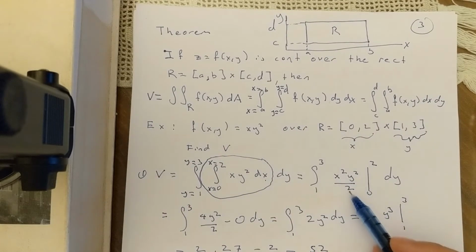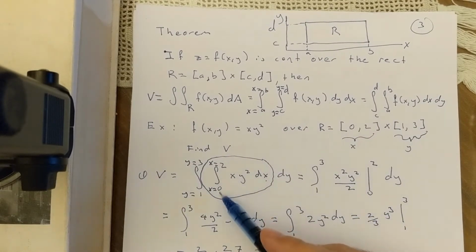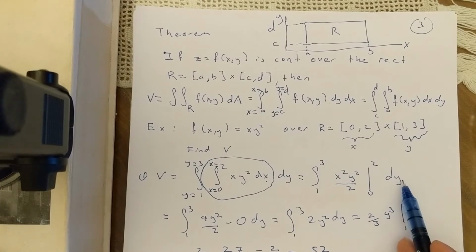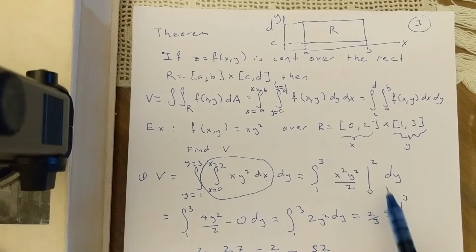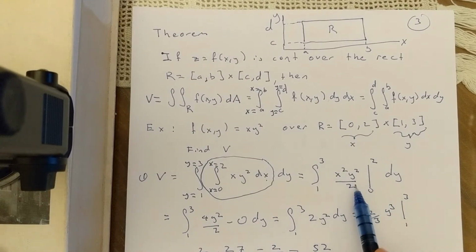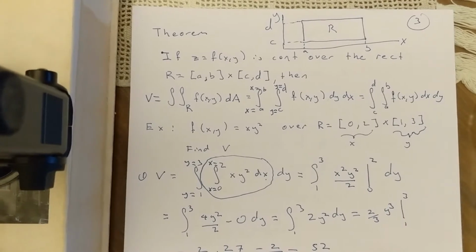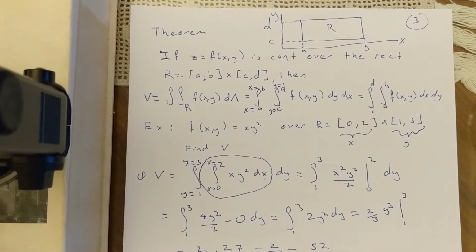So you have y squared x squared over 2. Now, x ranges from 0 to 2. So I have to evaluate this guy from 0 to 2. Okay? Now, the outside integral stays. Now, I'll do my evaluation. When I plug in 2 for x, I get 4 over 2, okay, y squared. And when I plug in 0, of course, I get just 0, don't I?